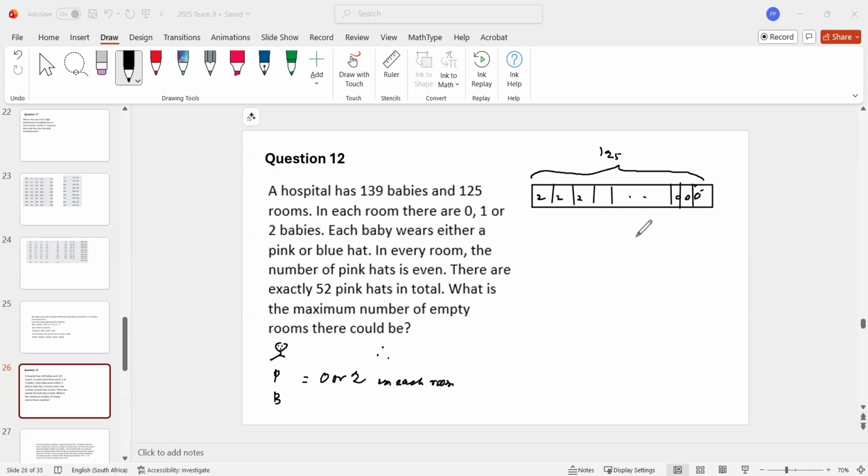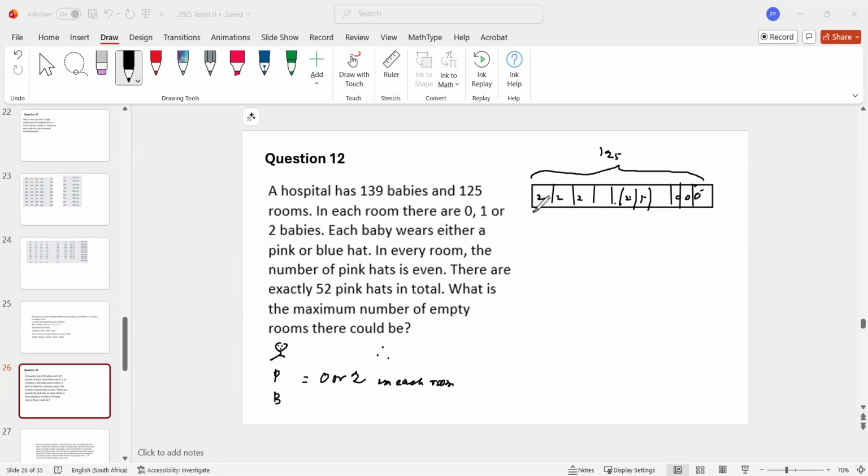So you try to fill it up to the biggest. But 139 is an odd number, so you can go up to, but there will be one room where you have only one baby.